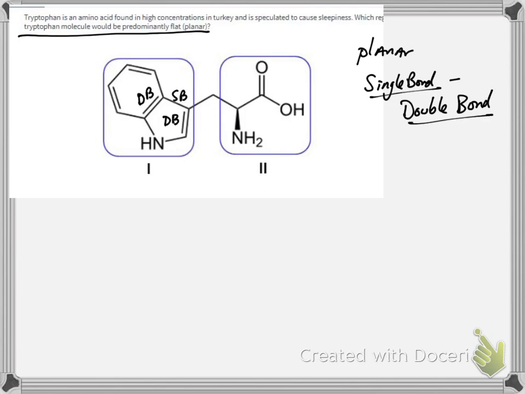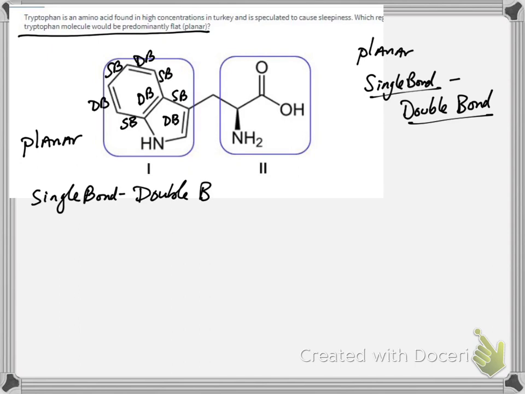So we start looking at the molecule, and we immediately identify region 1 as a place where there are alternating single bonds and double bonds. This most likely is a trigonal planar portion of the molecule. While in 2, yes, there's 1 double bond present, but the rest are tetrahedral. They're certainly not planar. So in that case, we would consider 1 to be planar.